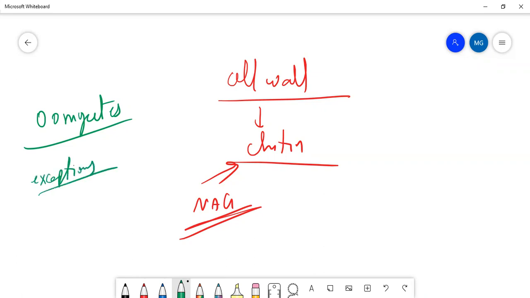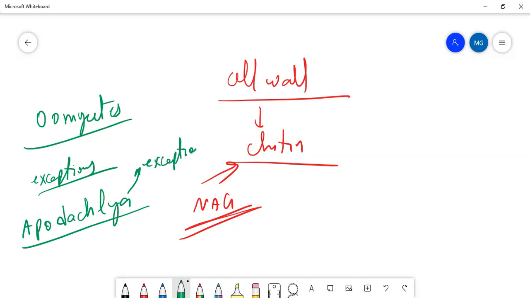For example, there's a member called as Apodachlya. Now this is a member of oomycetes, but it contains chitin. So this is an exception here. Otherwise, most members of oomycota do not contain chitin.